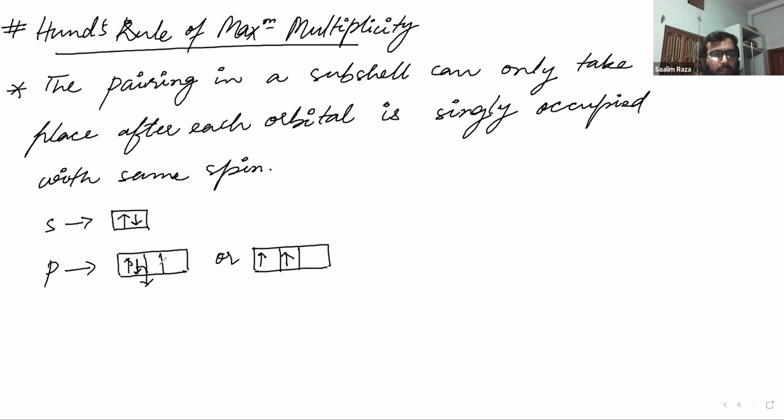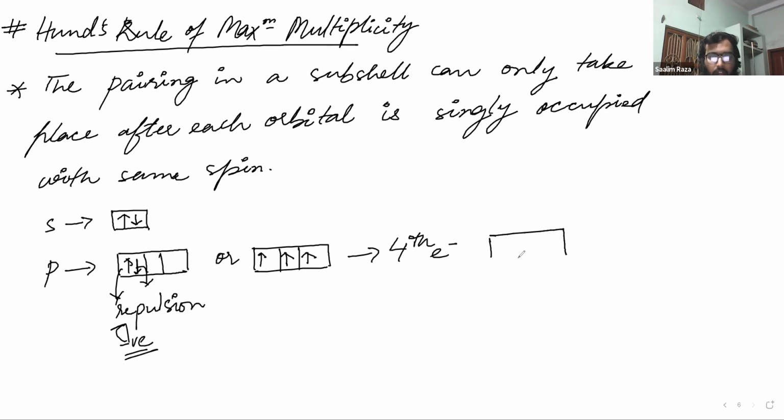But what happens is, if you fill in the same orbital, this will cause repulsion, right? Both the electrons are of negative charge, and they will cause repulsion. That is why Hund came with a rule that the electrons will be paired only after all these orbitals are singly occupied. Now, when the fourth electron comes in, now it can pair.